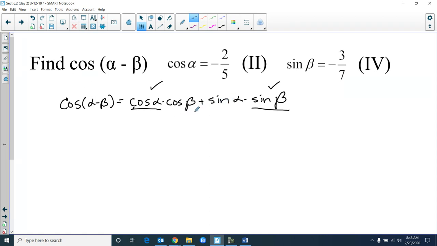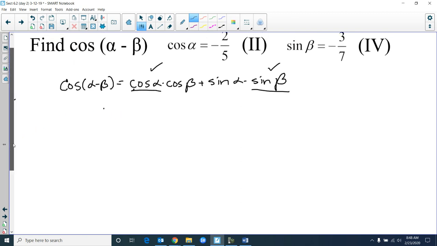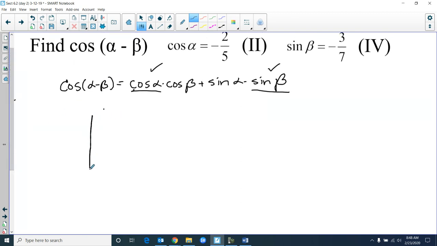So I'm going to have to draw out the scenario in the respective quadrants. All right, so alpha is in quadrant 2. Cosine of alpha, so this is alpha. That means the adjacent side will be negative 2.